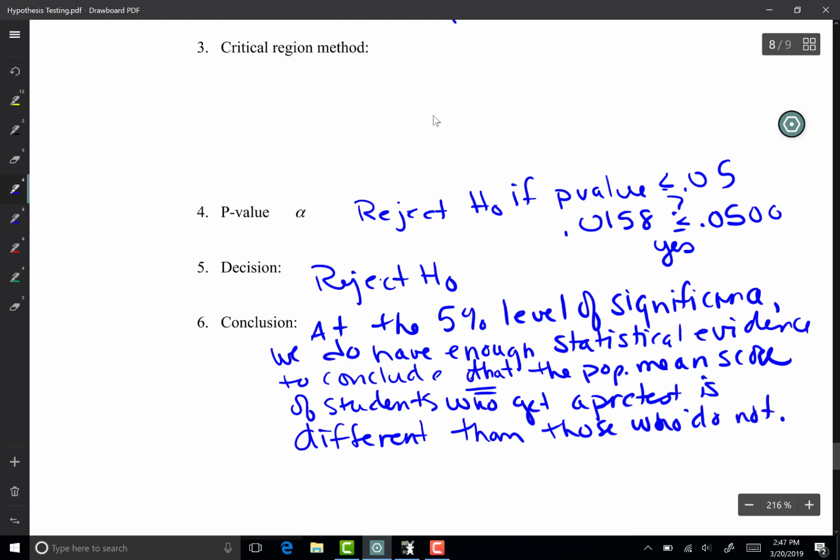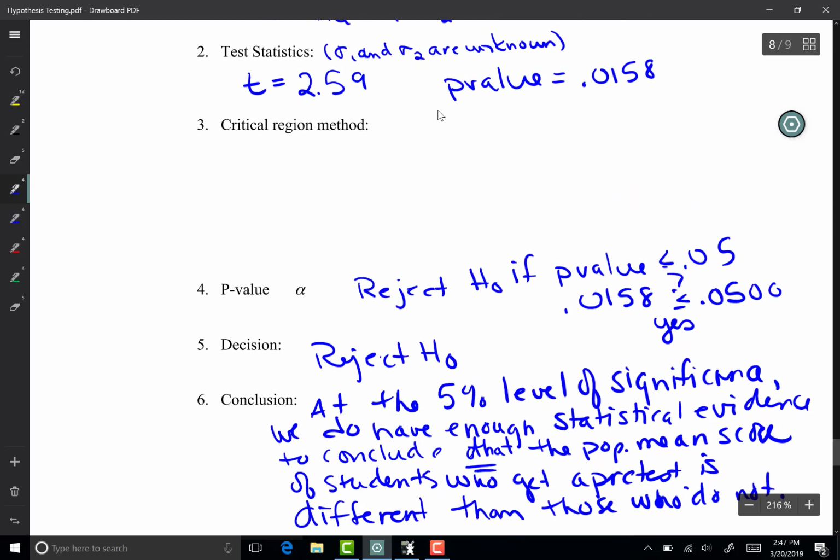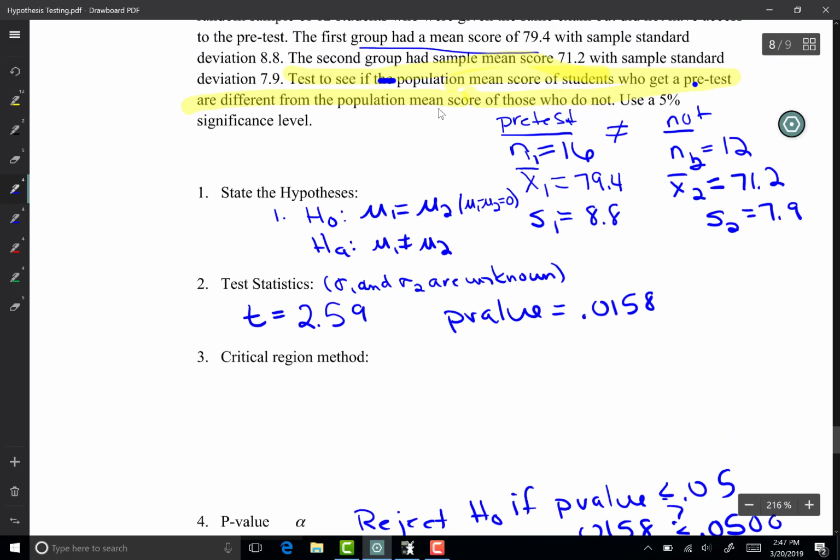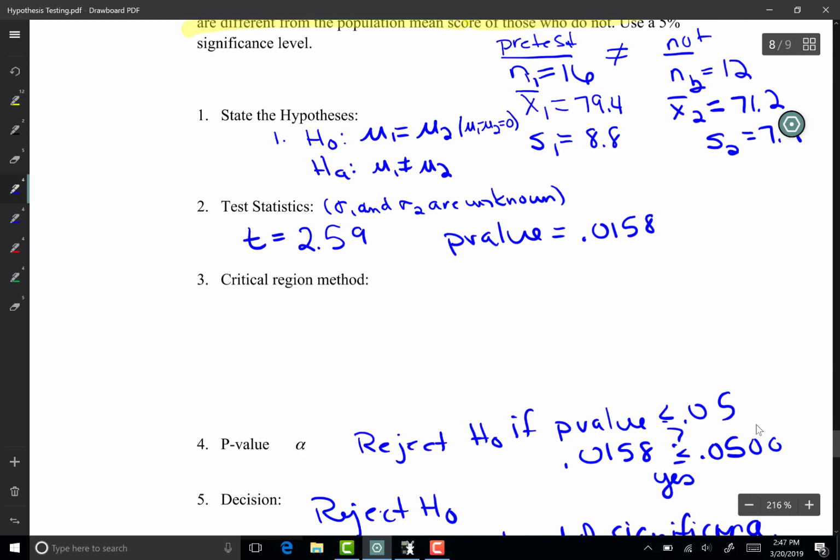Okay, so there was enough statistical evidence to show those means are different. Now, she may have wanted to test if it was larger than the other one, but that's not what we had in the problem here.